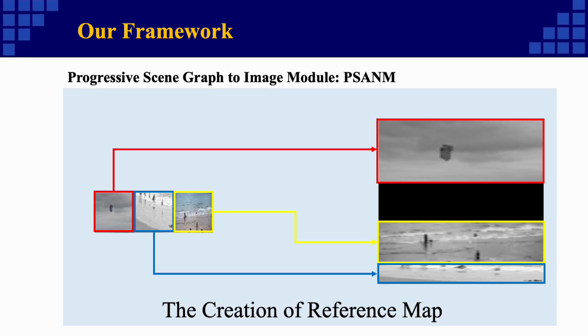In PSANM, we first paste the object groups into a reference image and then use it to guide the structure and content of the generated image. Especially, the reference image Rj is generated by pasting the grayscale of all object groups Pi onto an empty canvas based on their location.